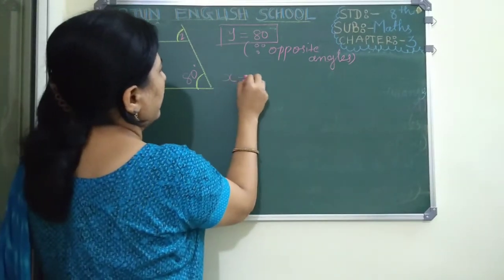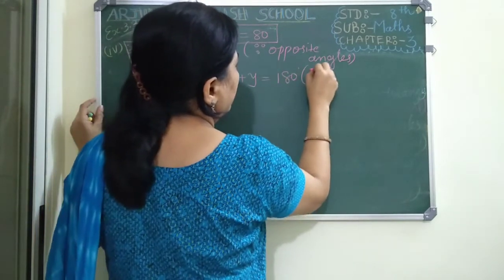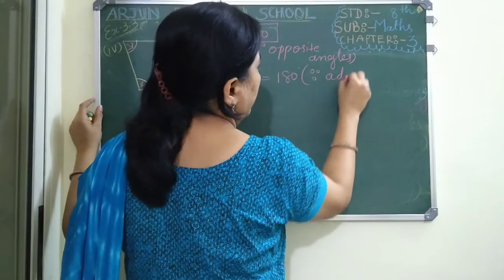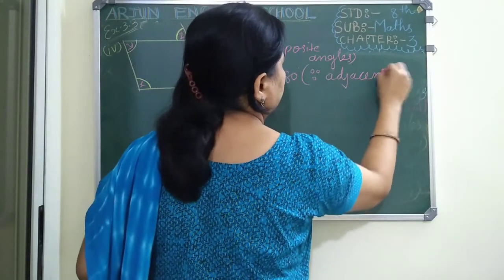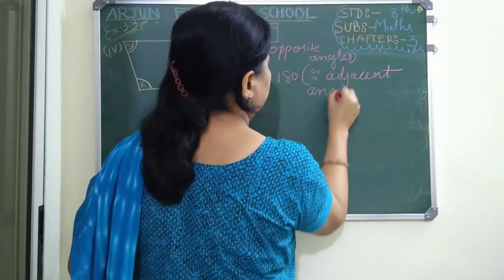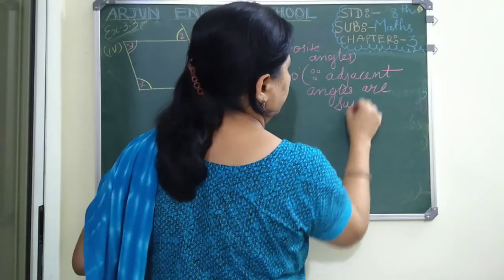So I can write here x plus y is equal to 180 because adjacent angles are supplementary.